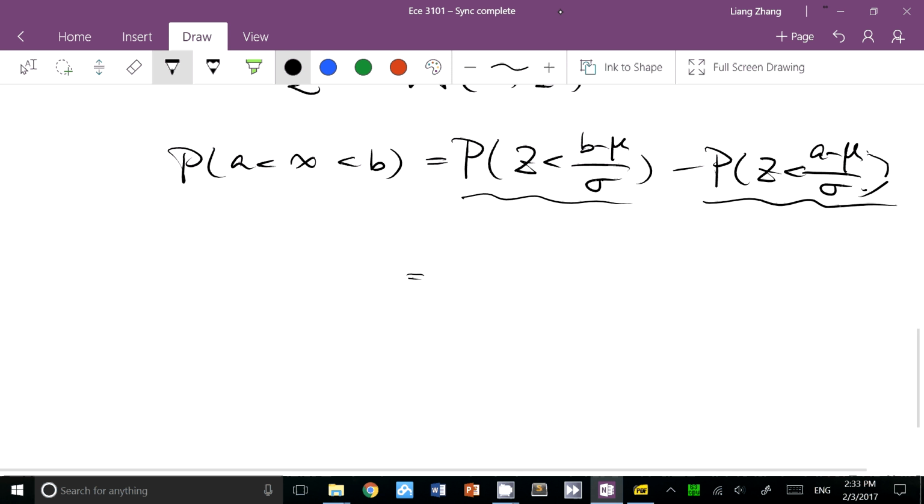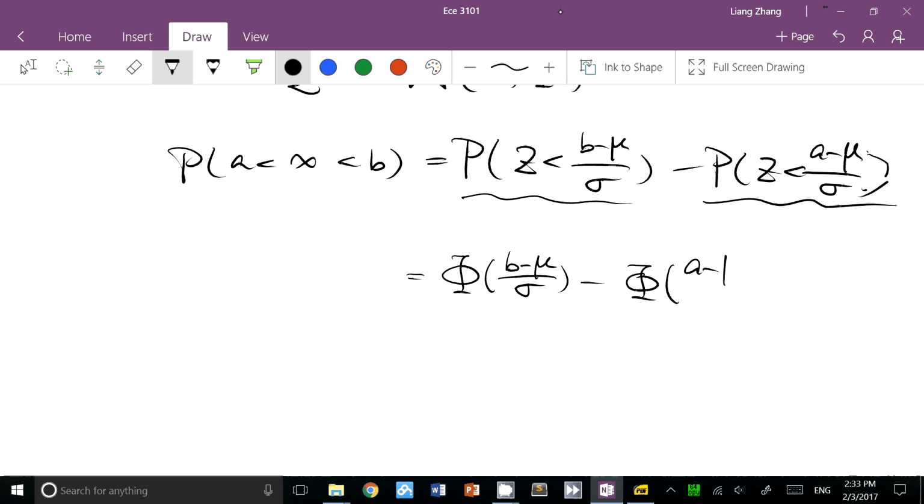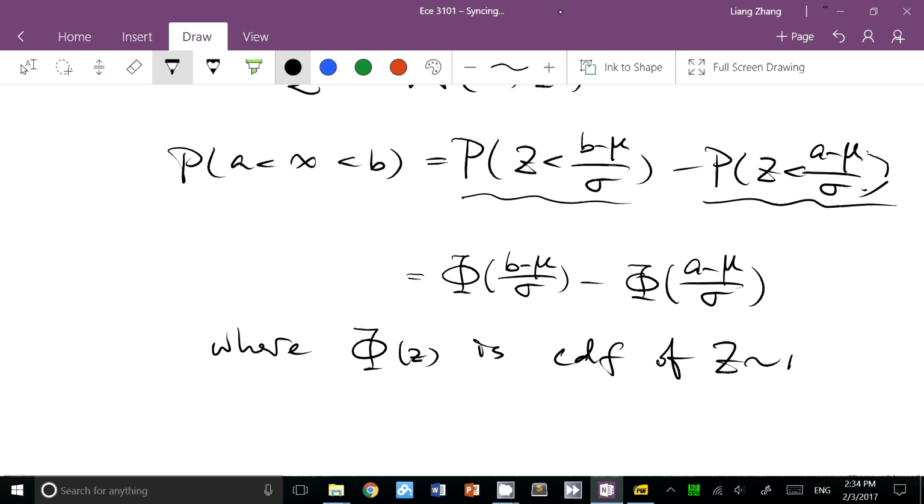So eventually, if we use function phi to represent the cumulative distribution function of a standard normal random variable, then this will be equal to phi evaluated at this point minus phi of (a minus mu) over sigma, where phi of z is the cumulative distribution function of the standard normal distribution.